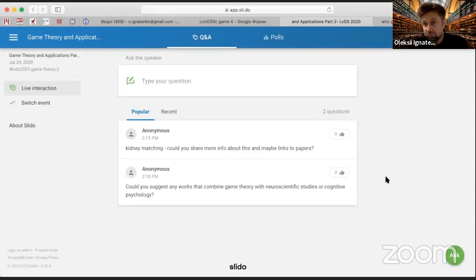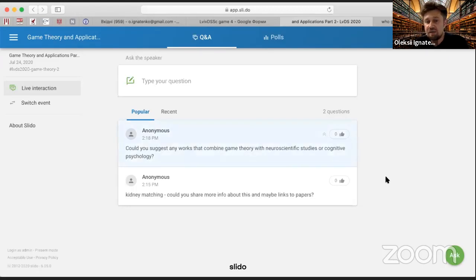He wrote a book about neuroeconomics, and I think he is the leading authority on combining game theory with neuroscientific studies and cognitive psychology. So you can address his book and maybe some references from his book. That's Colin Camerer.